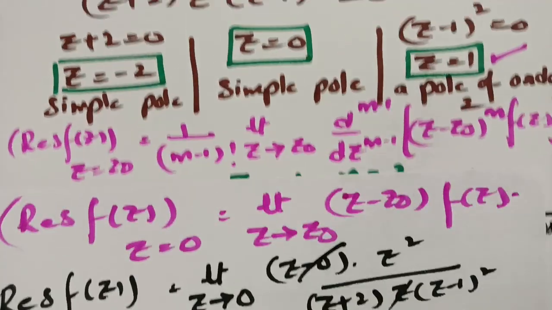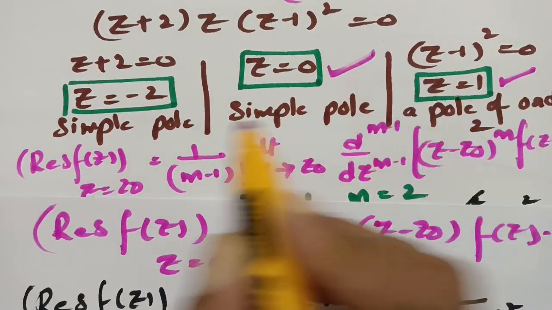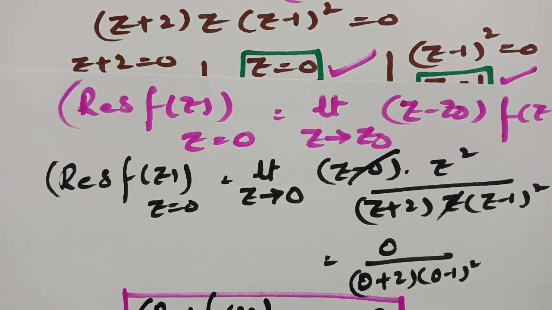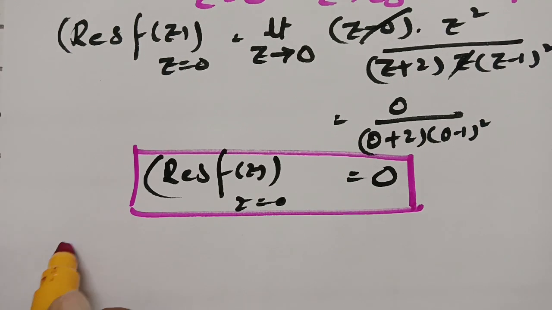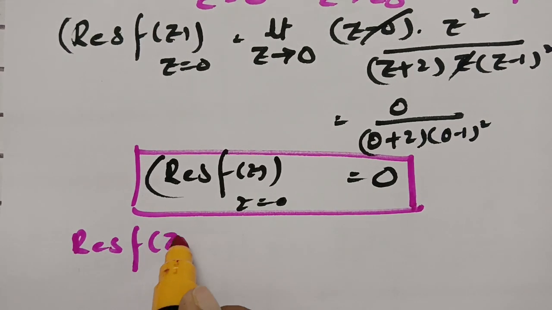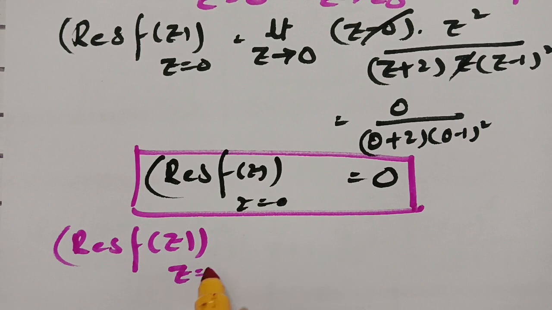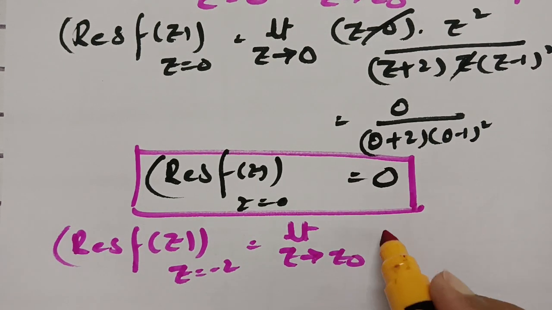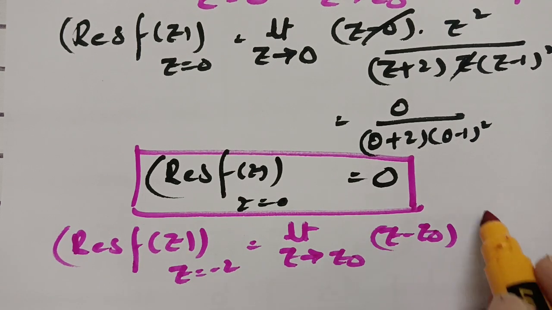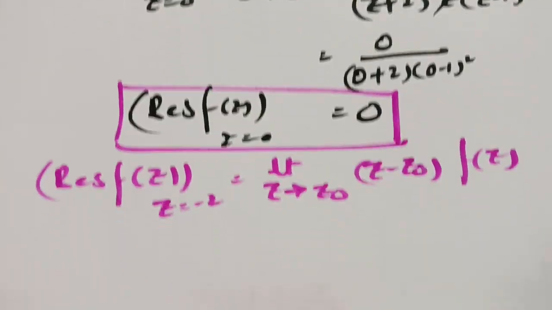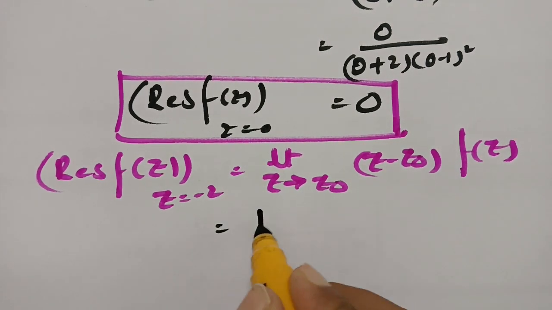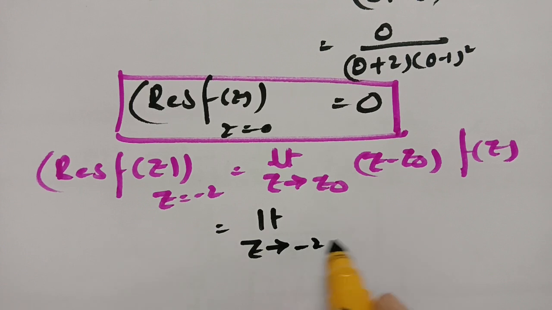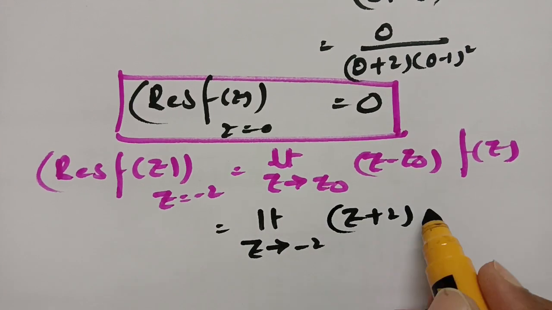And the next pole value here is, for 0 it is done, and for z is equal to minus 2. For z is equal to minus 2, the residue value is nothing but residue of f of z at point z is equal to minus 2, and the formula here is limit z tends to z naught, this is z minus z naught into f of z, and therefore this value is equal to limit z tends to minus 2, this is z plus 2 into f of z.